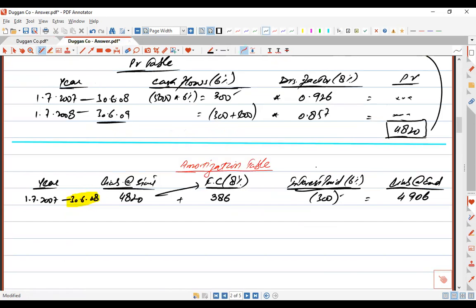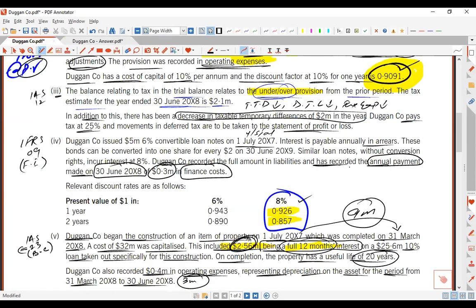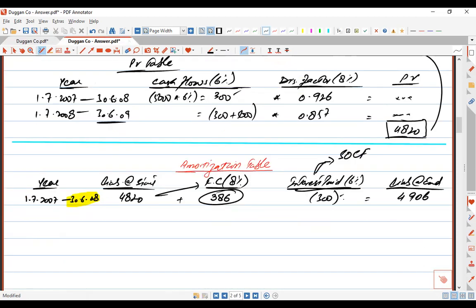That is cash paid. Interest paid would be impacting the statement of cash flows. But if we talk about the income statement, the total amount of expense would be reported there. But instead of 386, they have reported an amount equal to the annual payment of 0.3 in the finance cost. So they have reported finance cost to the extent of the cash paid.